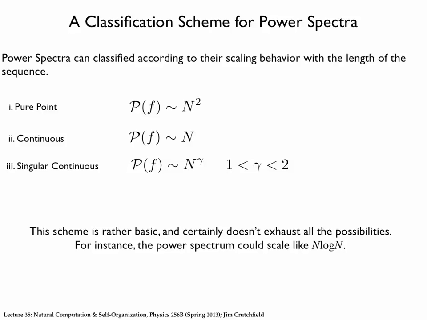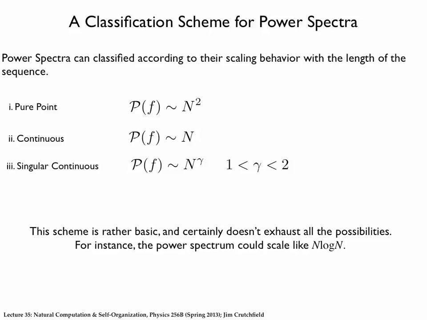Power spectra that look like this look very funny. They turn out to have fractal properties, and when I show you one, you'll see that it looks very different from anything else that I will have shown you. Questions?